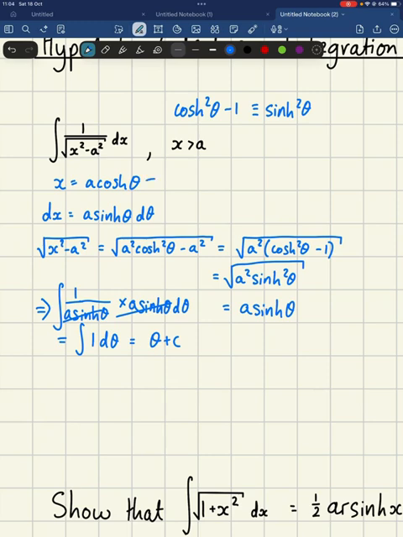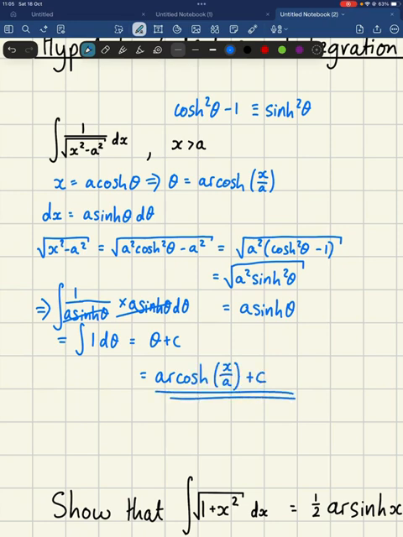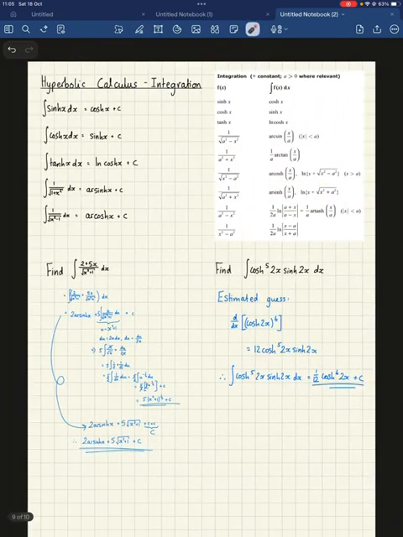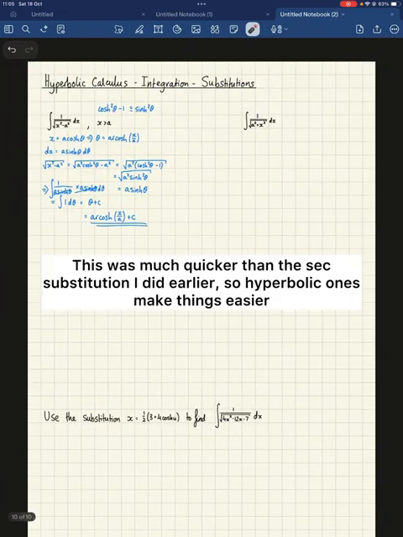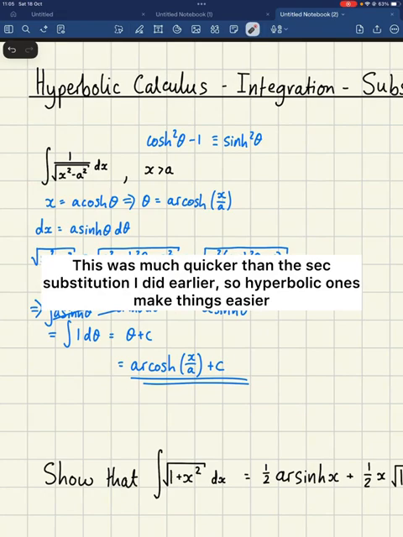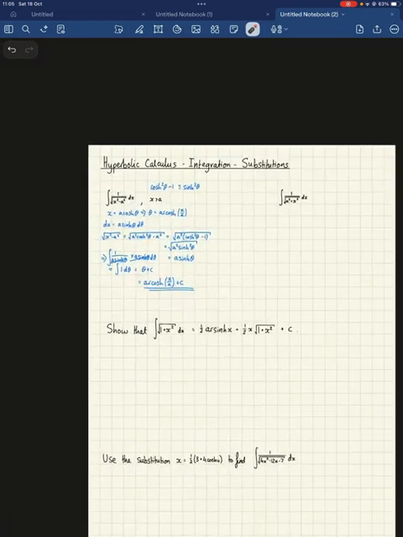We said that x is a cosh theta, so theta is going to be arc cosh of x over a, because we divide by a on both sides to get x over a, and then take arc cosh on both sides. So it's arc cosh of x over a plus c, which is this if we want to use our ln form. So we've proved that for this integral over here, it's arc cosh of x over a plus c.